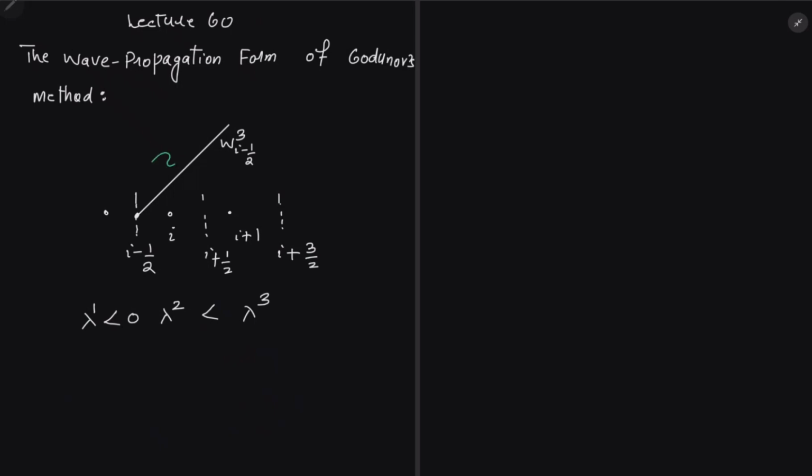Then we have another wave that has a slightly larger slope, W2 at i minus 1/2, and there is another wave that has a negative slope, W1 at i minus 1/2.